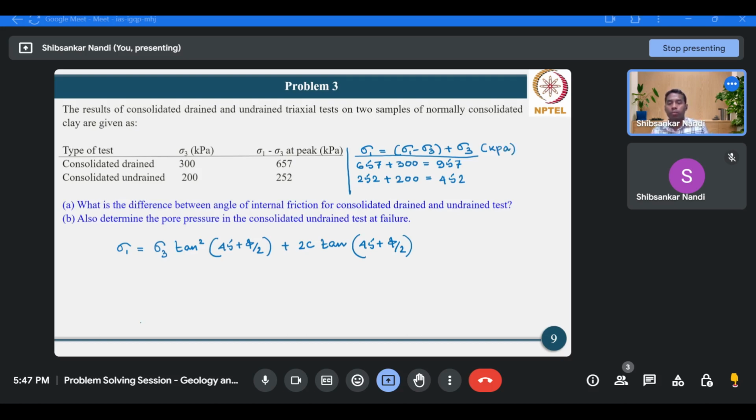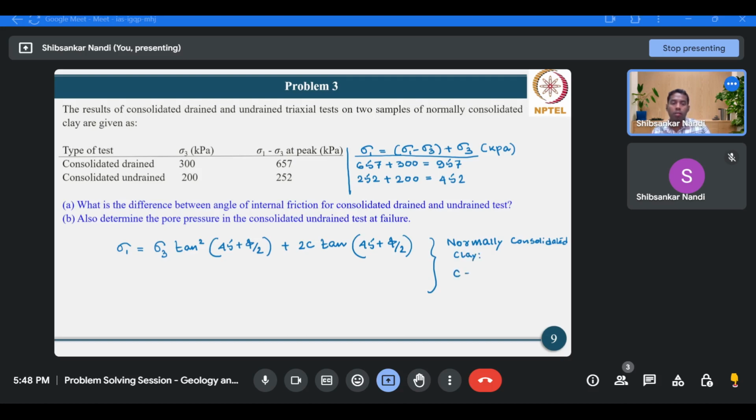Now we have to know that normally consolidated clay doesn't have any cohesion.